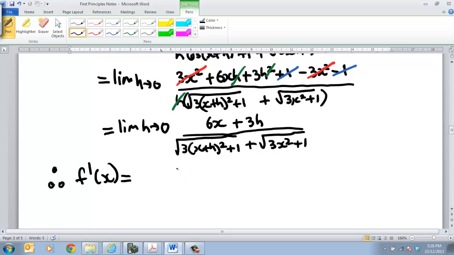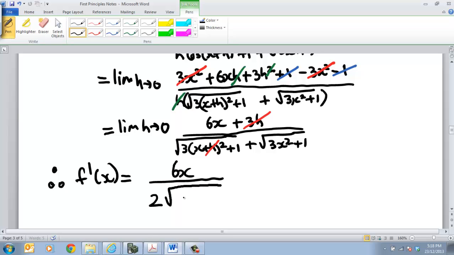So when we put h equals 0, this term here is going to go out, and that term there is going to go out, and that's going to leave us with 6x over the square root of 3x squared plus 1 plus the square root of 3x squared plus 1. So it's going to be two lots of the square root of 3x squared plus 1. That's it. Done. Finished.